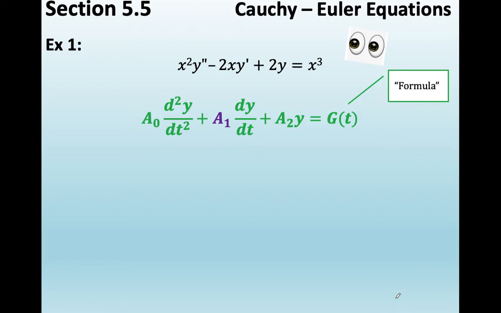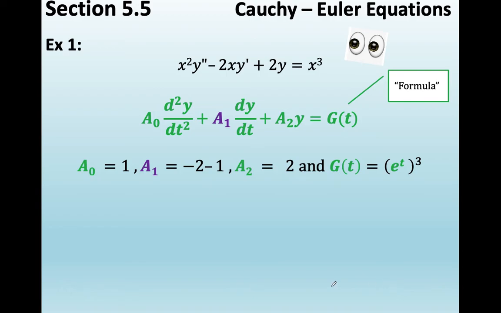Can you tell what we need to do here? The transformation will have the coefficient of y double prime be 1, the coefficient of y prime be -3, and the coefficient of y is going to be 2, and my function on the other side is going to be e to the 3t.